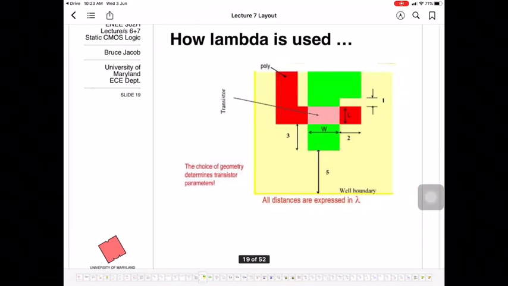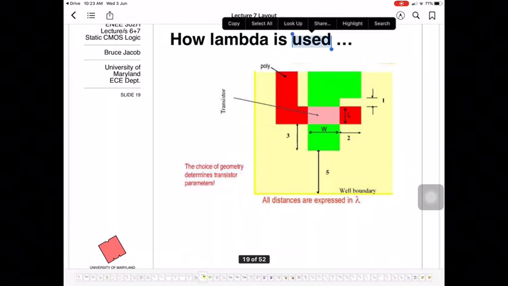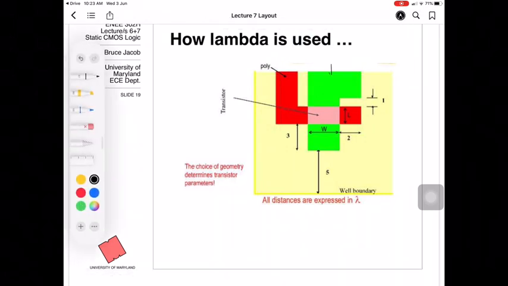So let's look at how lambda is used in the design. In order to look at this design, you need to rotate it. This is your transistor, this is diffusion, and this is poly. The area where they overlap here is the transistor.